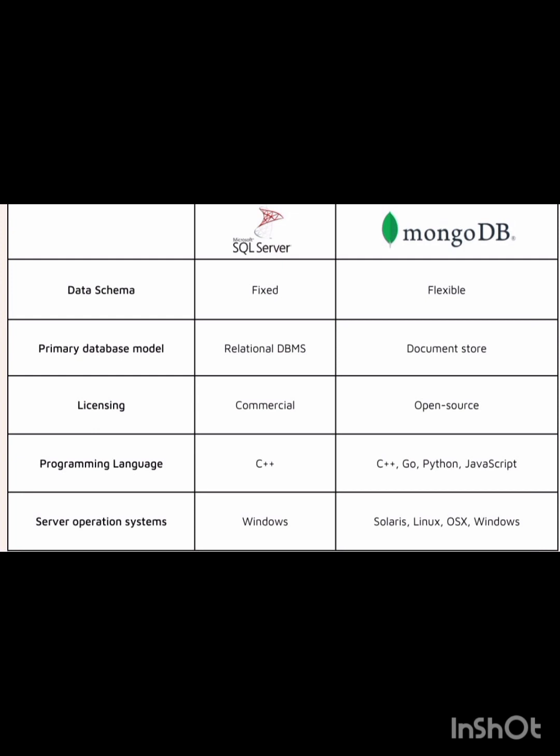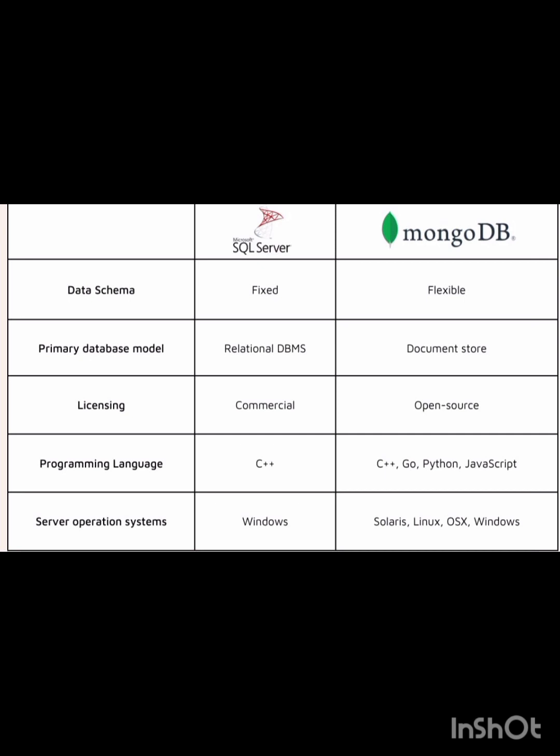So let us see some other differences. The data schema in SQL is fixed, whereas in MongoDB it's flexible. The primary database model in SQL is relational DBMS, whereas in MongoDB we use a document store. The licensing is commercial in SQL, whereas it's open source in MongoDB. We use programming languages like C++ in SQL, and C++, Go, Python, JavaScript in MongoDB.